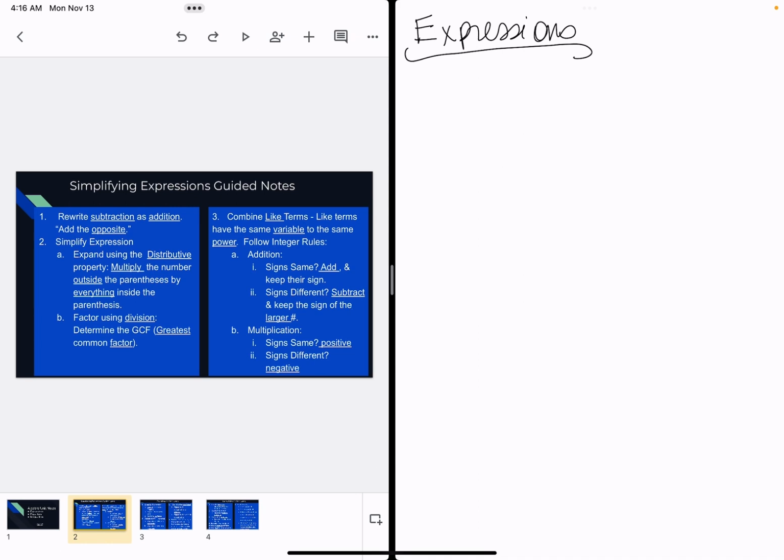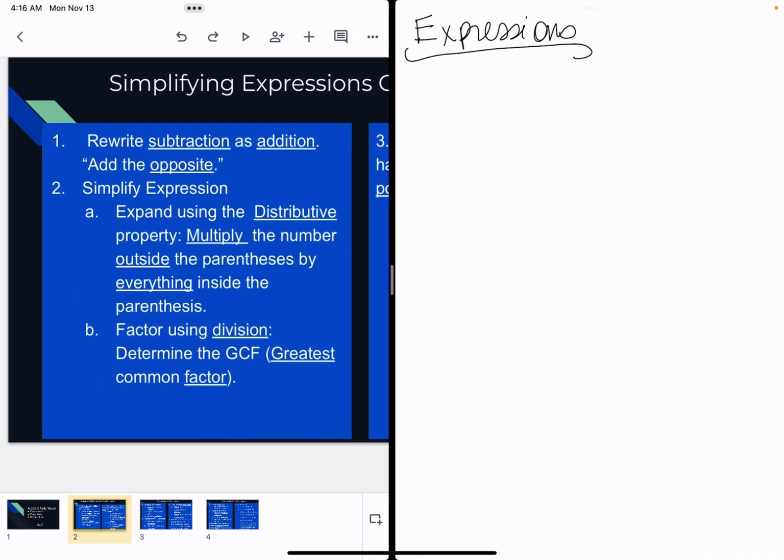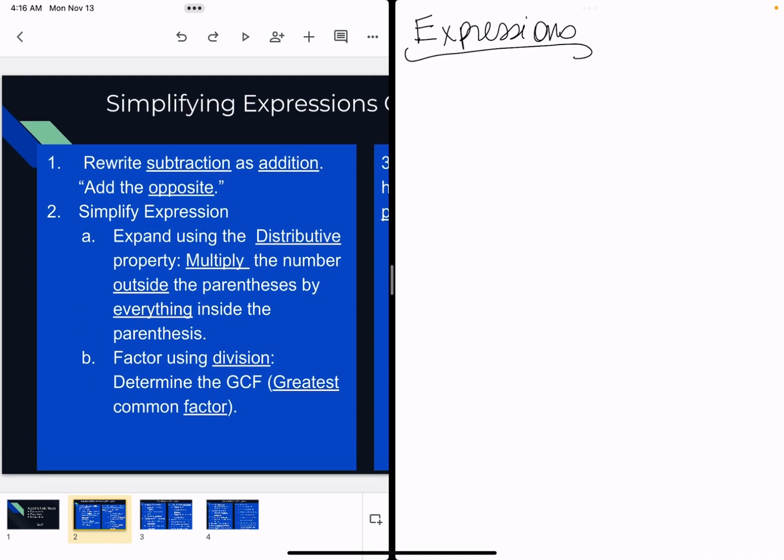So here's our first one, simplifying expressions. The first part is rewrite subtraction as addition, add the opposite. And the reason why this is important is sometimes you're going to have things like this, -2(3x - 4).